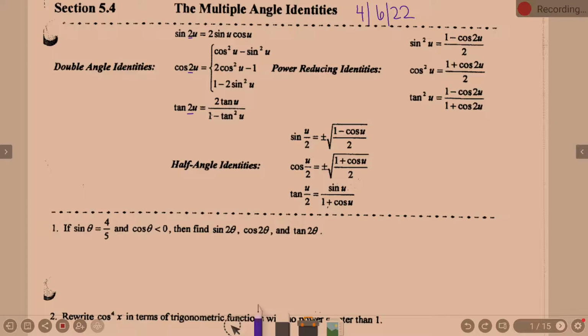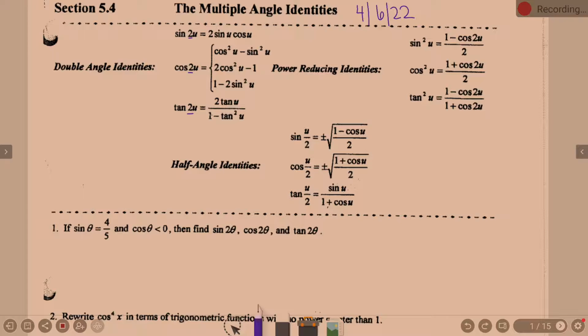Okay, so think back to previous skills. If we know sine, and we know that cosine is less than 0, how can I find information so I can find cosine and tangent? This is kind of the pre-work to get started on this problem. Can you ask that question again? Okay.